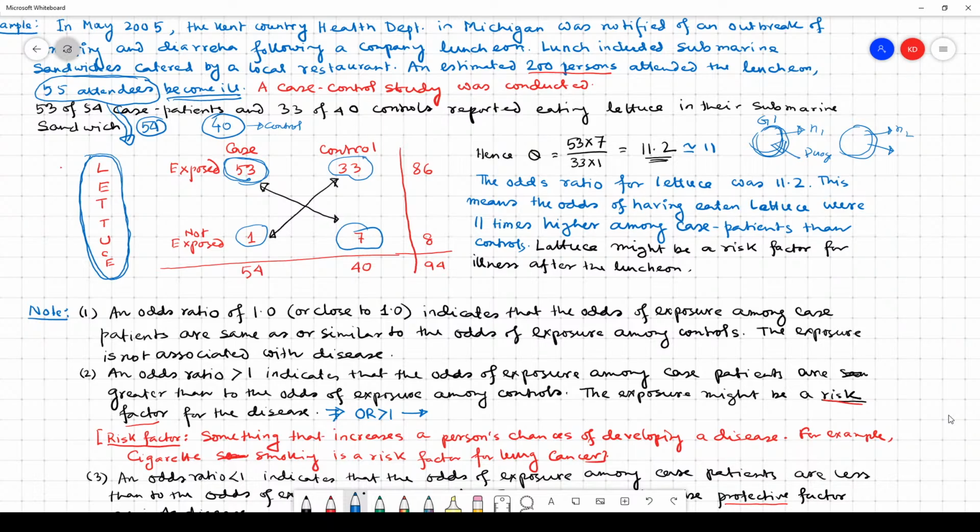And in that example, control means those attendees who had no diarrhea and vomiting before that. Yes, control study. Okay, thank you, sir.